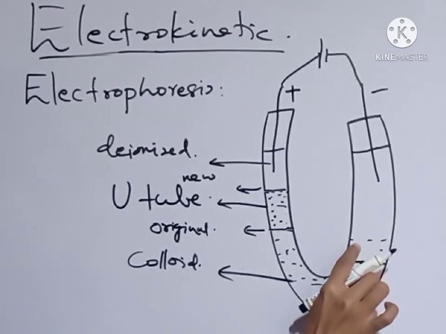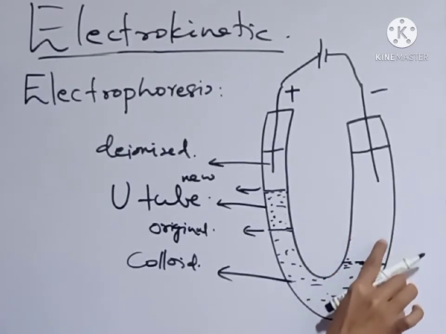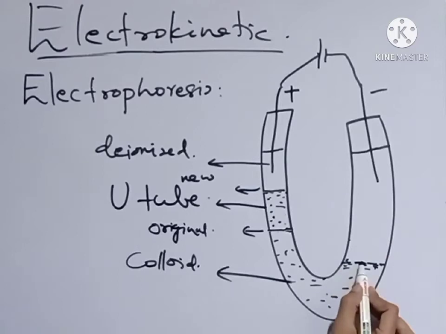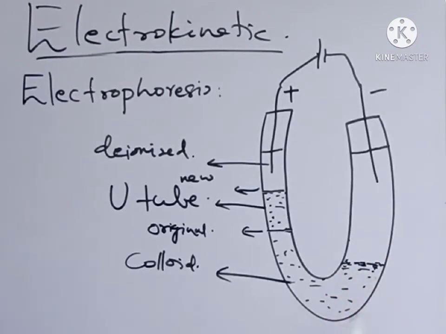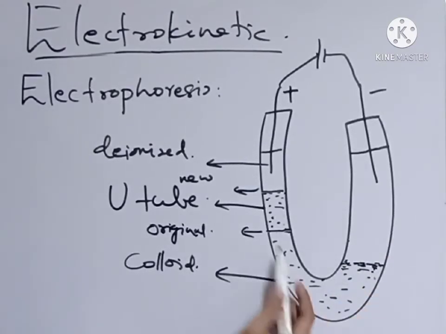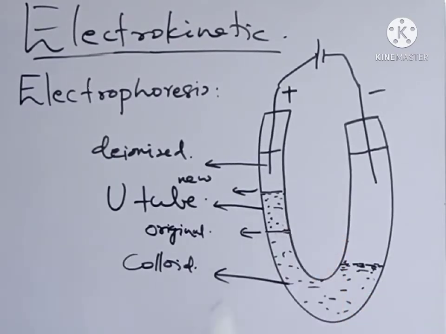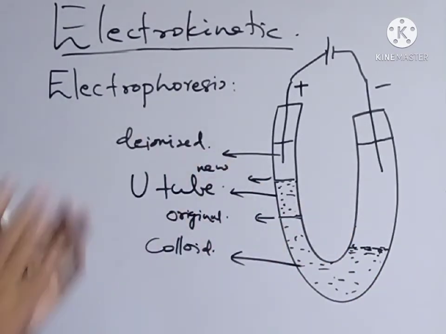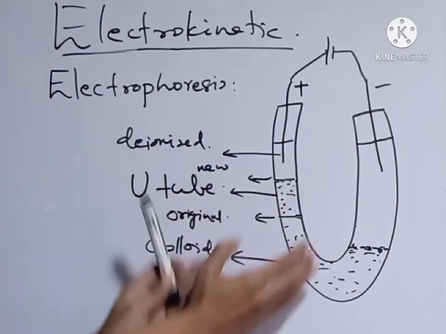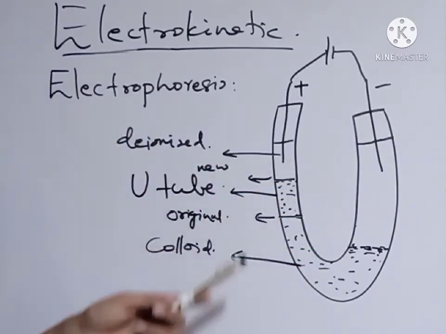This level will be lowered, and correspondingly this level will be raised here. This is the observation. So what can we conclude from this experiment? This colloid is a negatively charged colloid.